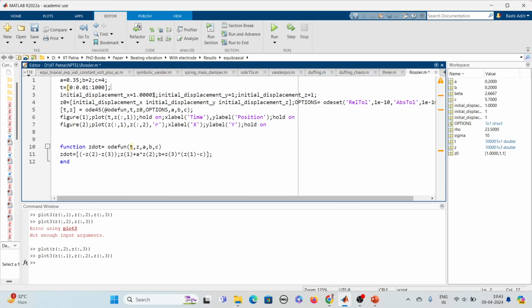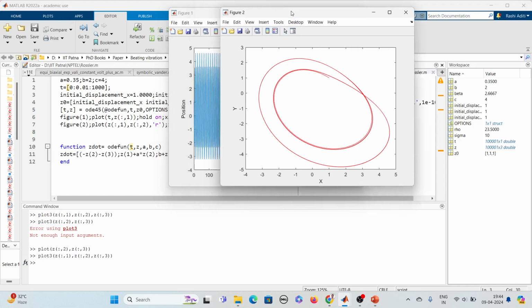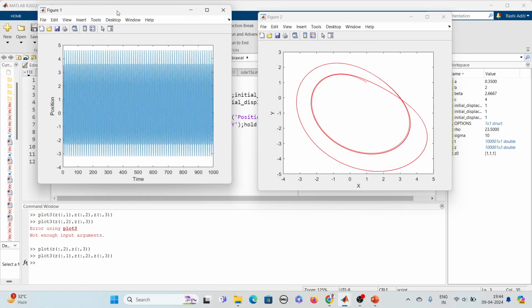Now I'll just run the code. See, can you see? See over here. What is this?